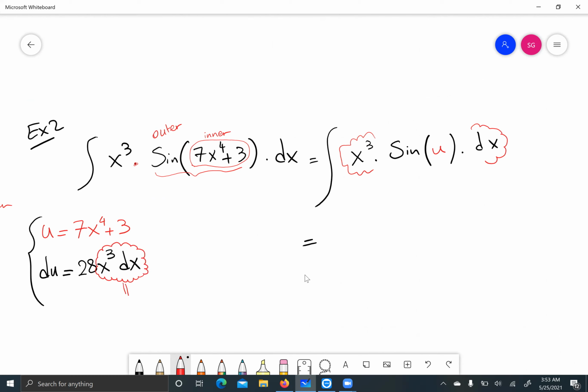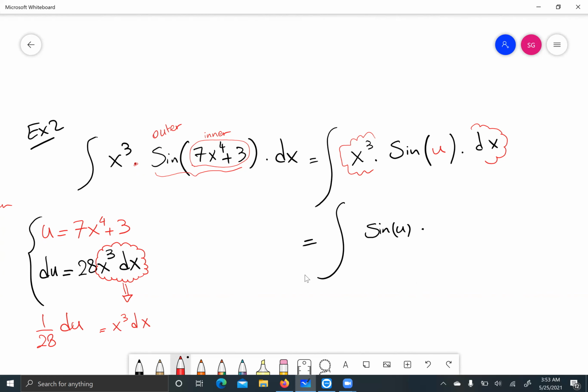So from this equation, you can rewrite it in terms of u. x cubed times dx is 1 over 28 du. So now this is sine of u times 1 over 28 du. Very nice.